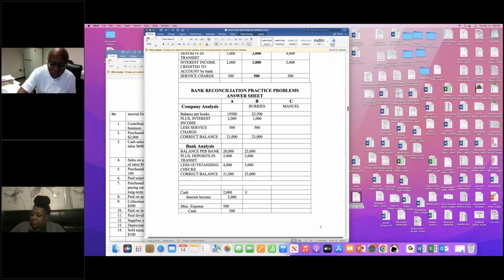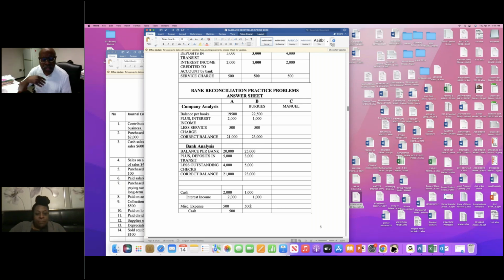What is the other journal entry that has not been made? The service charge. You don't have that recorded yet. Miscellaneous expense. So you debit miscellaneous expense and credit cash. Yes.